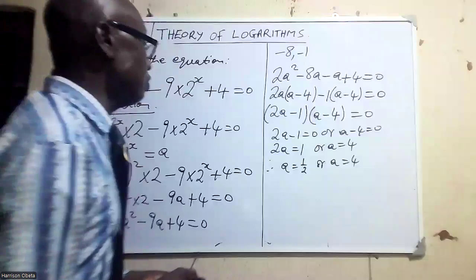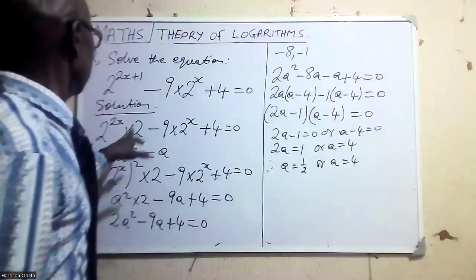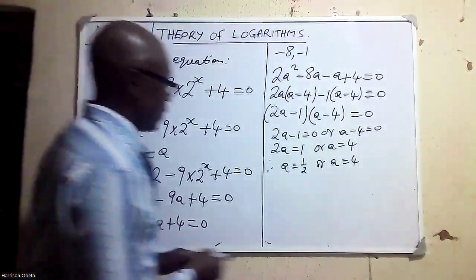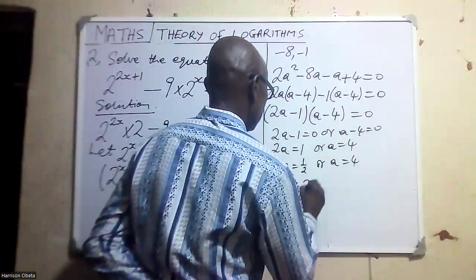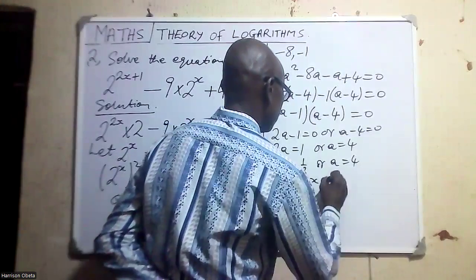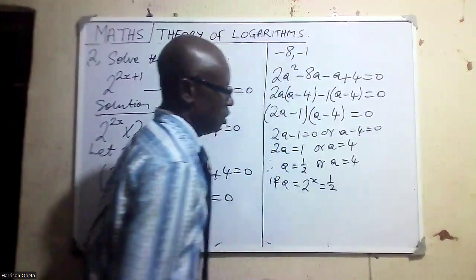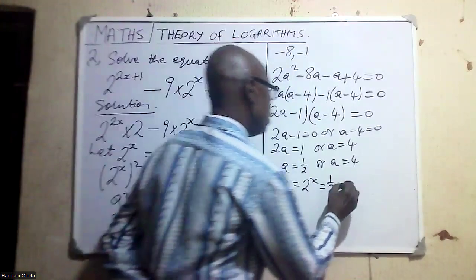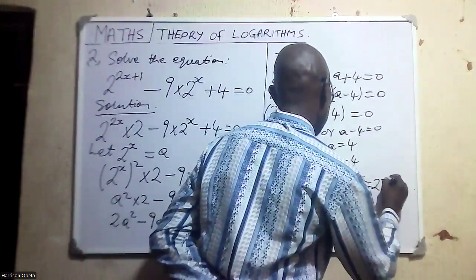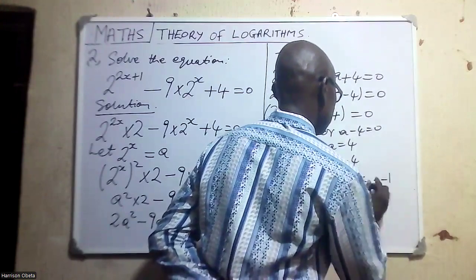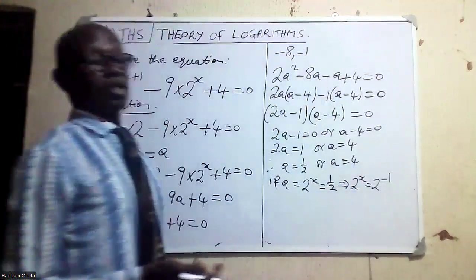So we have two values now, and we have to go back to the substitution. So if a is equal to 2 raised by x, which is equal to half, it then means that this will lead us to 2 raised by x equal to 2 raised by minus 1. But they have the same base.